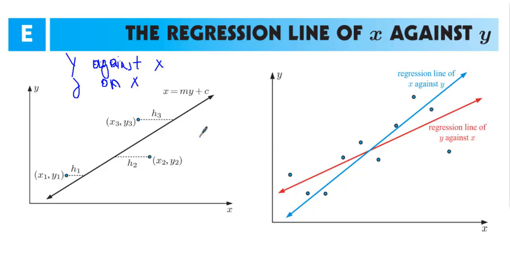Sometimes when you deal with data, it may come up that y, the response variable, explains the x values. It may go in reverse. So we need to change their places.